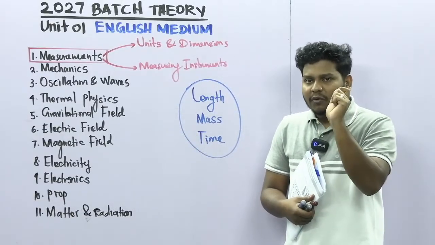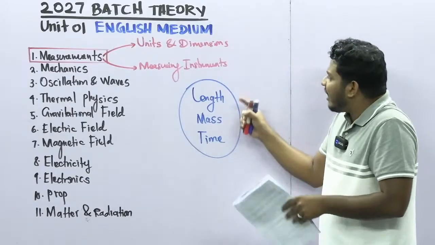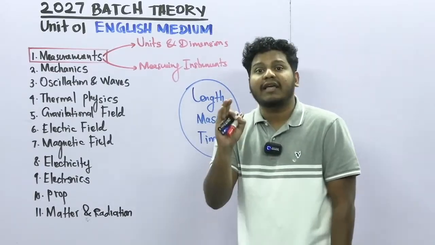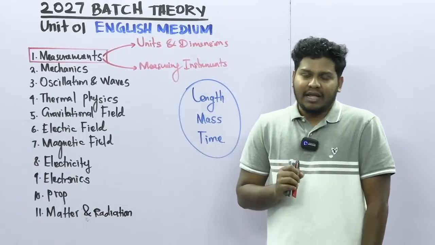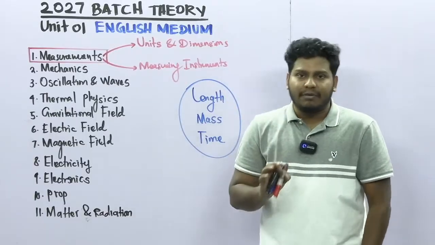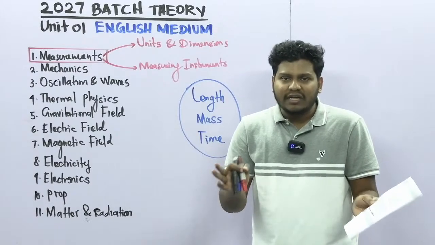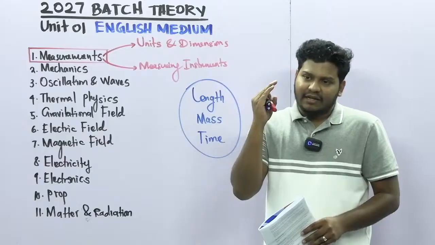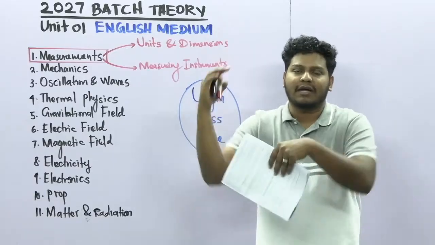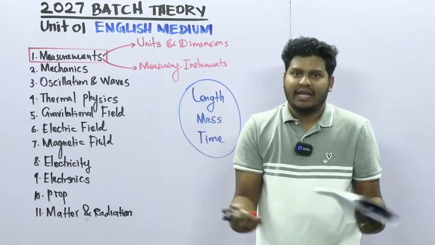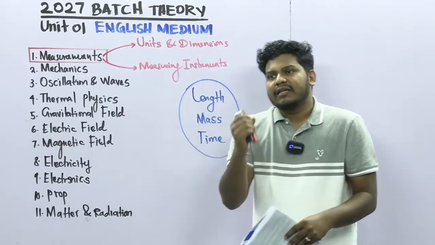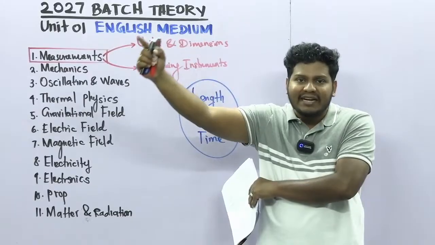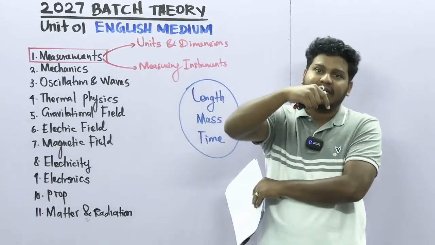They should know exactly what amount we are giving and what amount we are getting. So we should know about the length and the mass, and also the time. Time is very important. Time is everything. At what time do I need to wake up? What is my working schedule? When humans evolved, they first became aware of time, because the sun rises in the east and sets in the west.